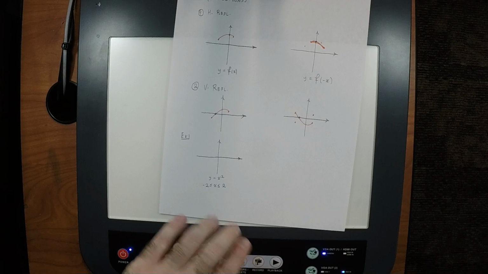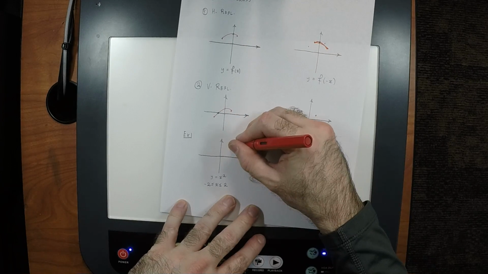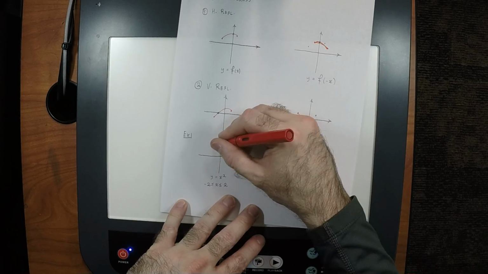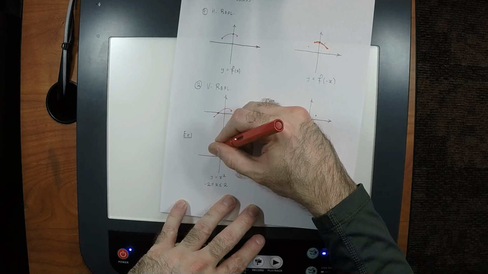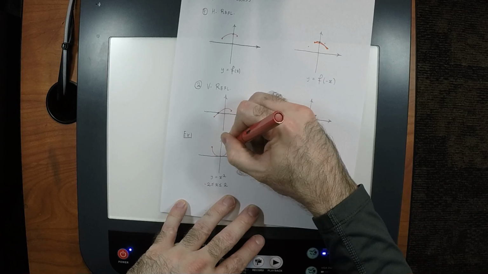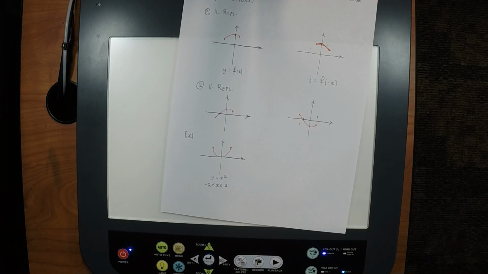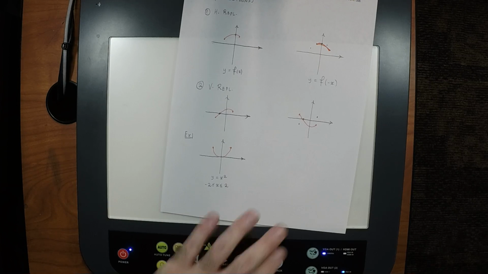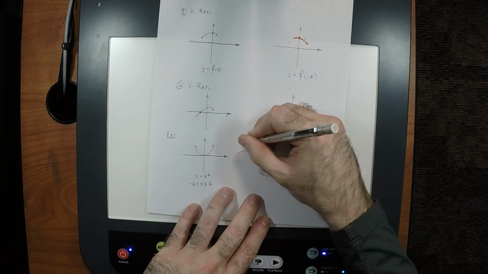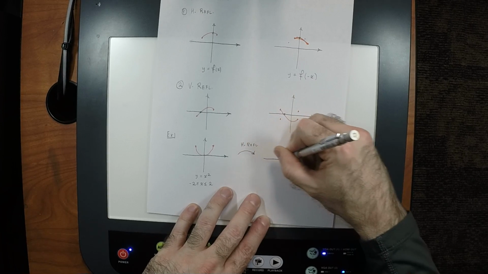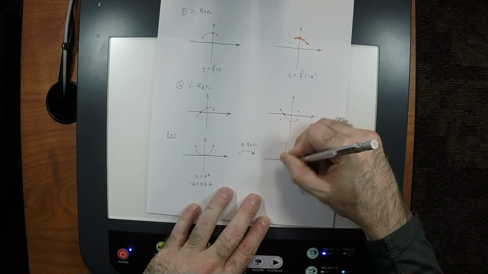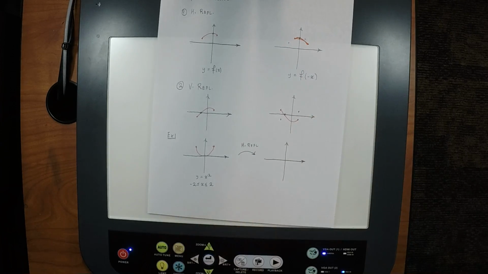Then, well, that's a part of a parabola, and parabola is something that you're required to know what it looks like. So what would that look like if you did a horizontal reflection? It would look exactly the same, right?